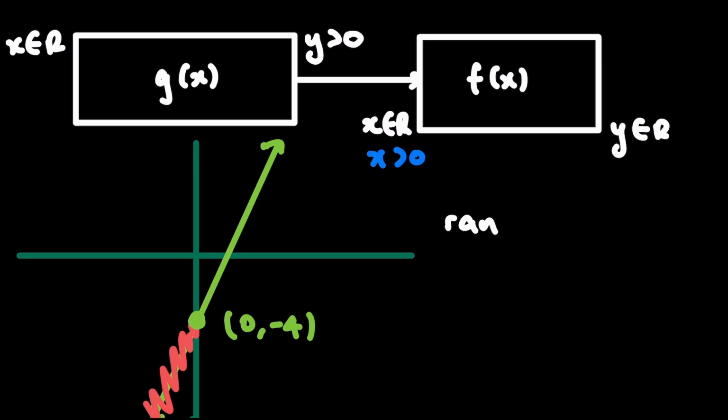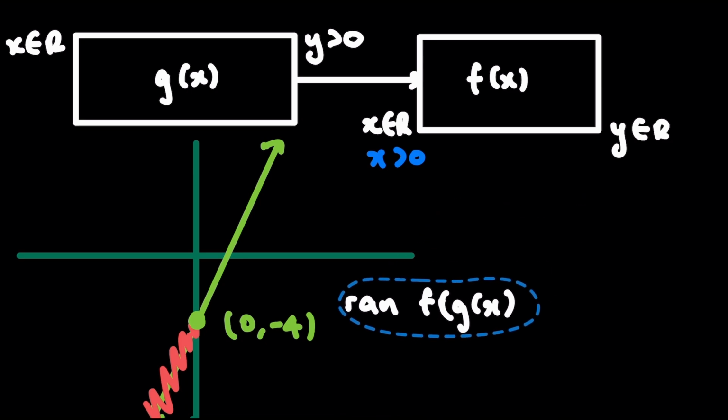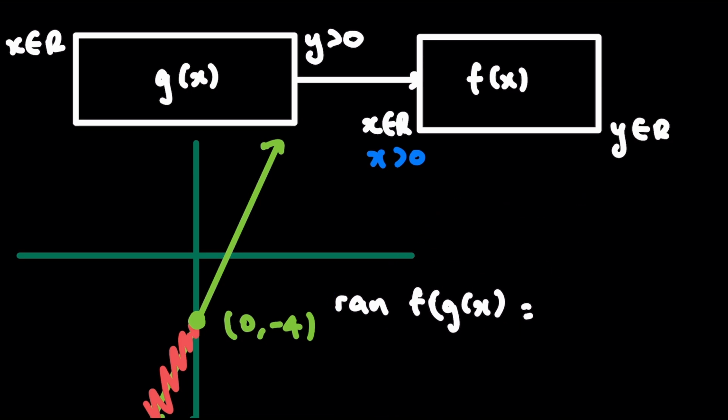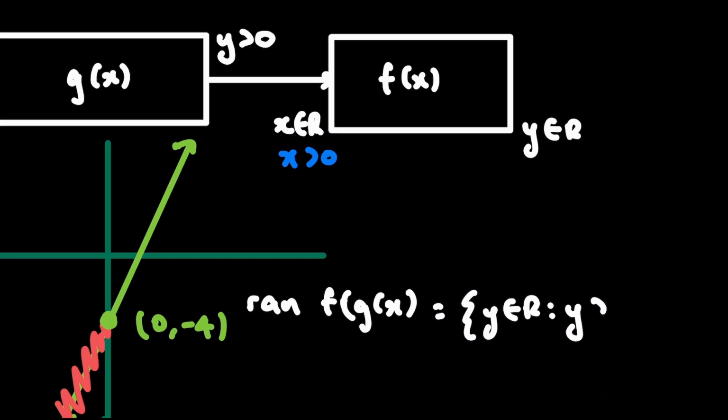The range of the whole thing, f of g of x, is simply the range of this graph here. We know the range of this graph is y more than -4, so we're just going to write that. y more than -4.